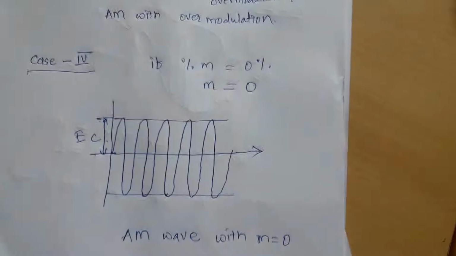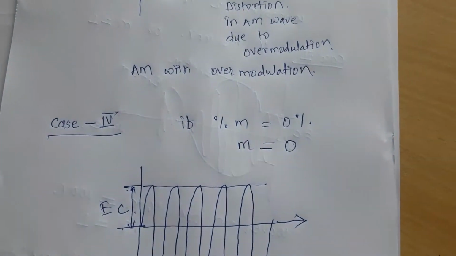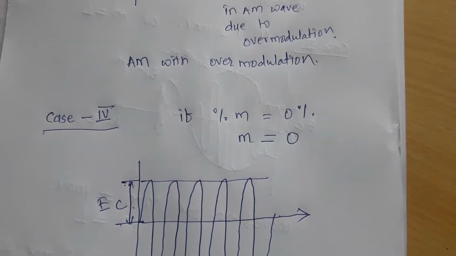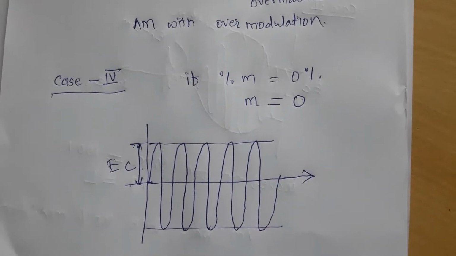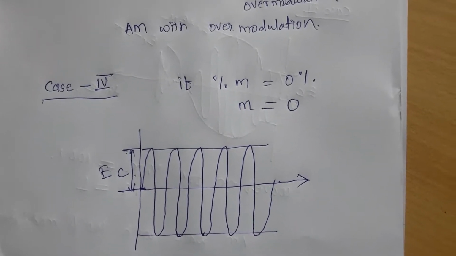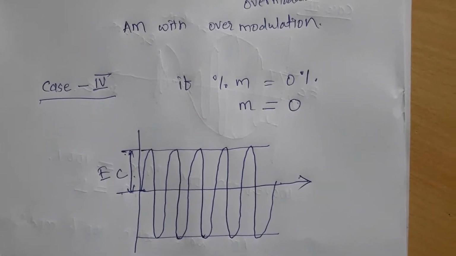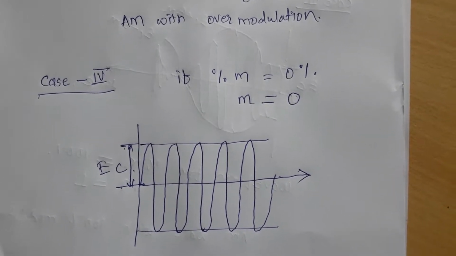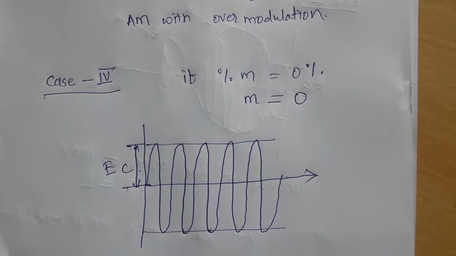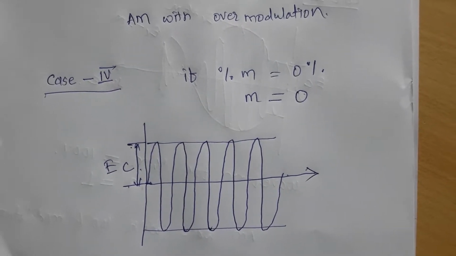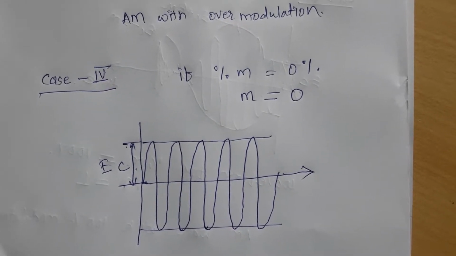As we observe, percentage m is equal to 0% and m is equal to 0. It is an indication that EM is 0, and as EM is 0, there is no instantaneous change in amplitude of the modulating signal. So the carrier does not change its amplitude.